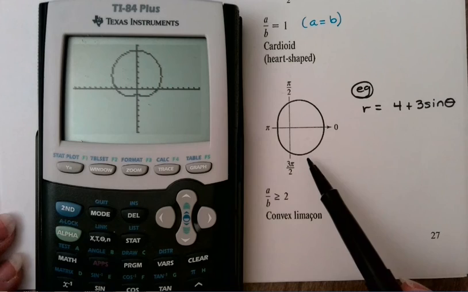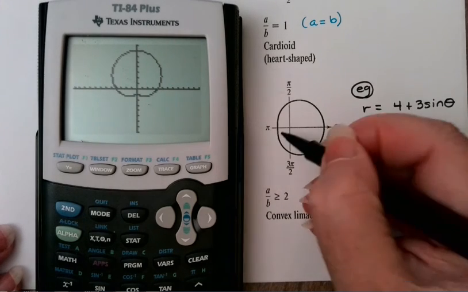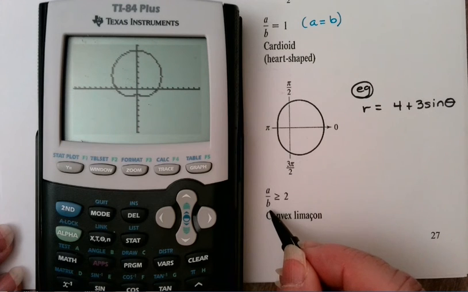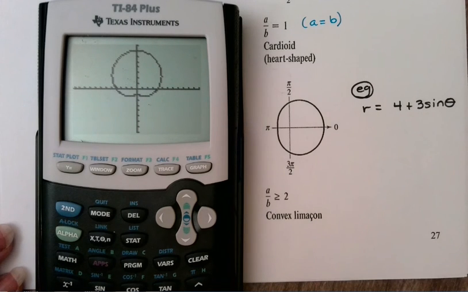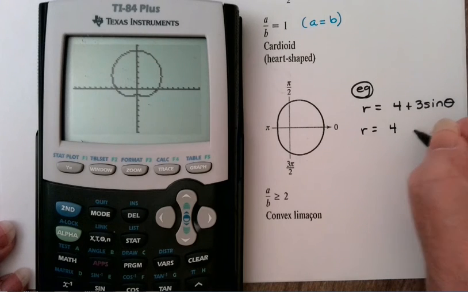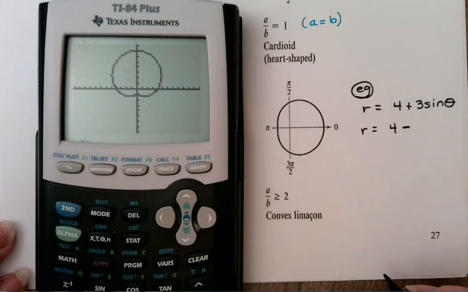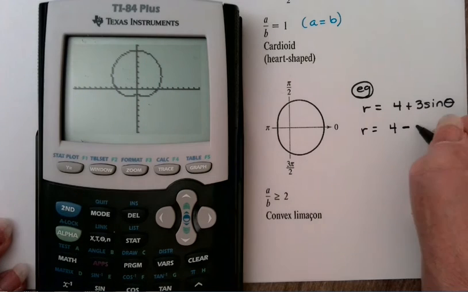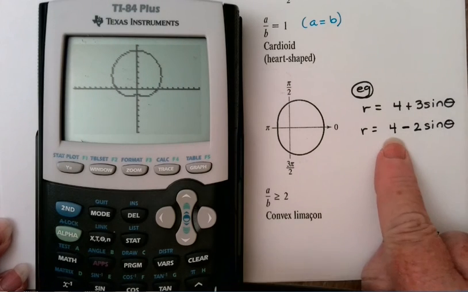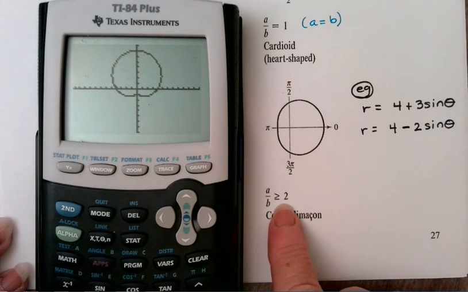All right, the last one, the convex limaçon that just kind of has a flattened side. This happens when the fraction a over b is greater than or equal to 2. So I'm going to go with 4, and let's go with a minus this time. Oh, what do I need? Maybe a 2 sine theta? A over b, 4 over 2 is equal to 2, so that would qualify.